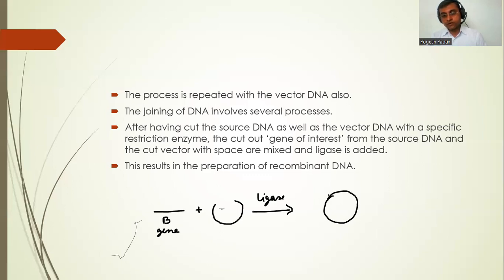Just suppose this is the B gene. So this DNA fragment will be known as recombinant DNA.